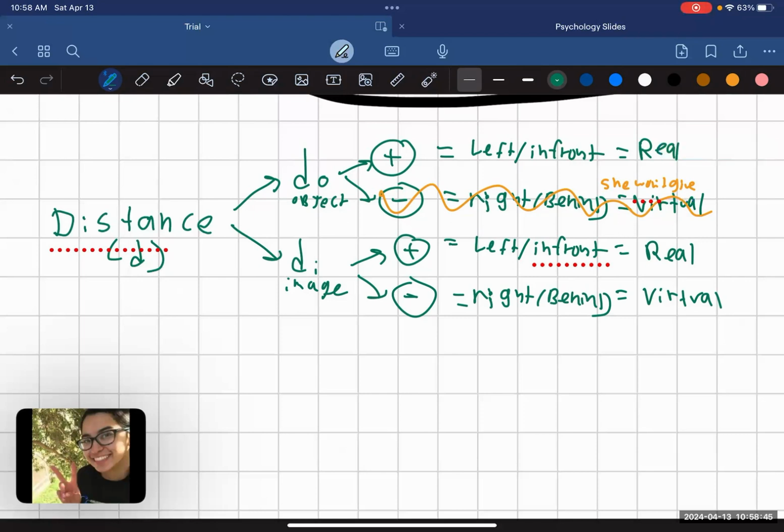And then all of these are of the mirror. And these two are for the image. And that one's for the object.